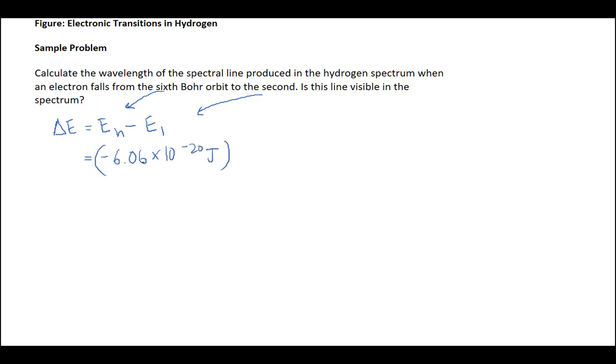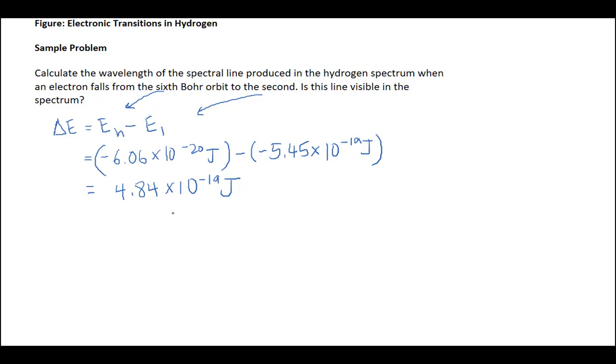We want to be careful to manage our negatives carefully here. We're going to subtract negative 5.45 times 10 to the negative 19 joules. And we are left with 4.84 times 10 to the negative 19 joules. It's important that we use our calculator properly using the scientific notation, and we pay careful attention. We're expecting a positive number, so if we end up with a negative number, we want to review our work and make sure that we haven't made a mistake.